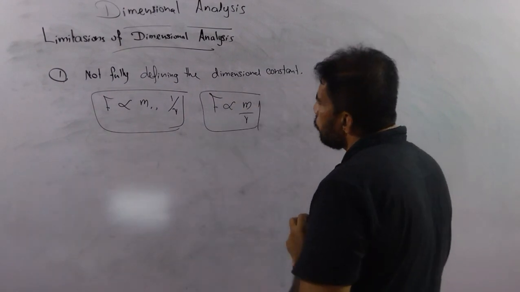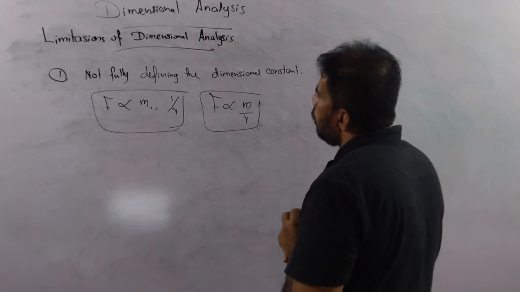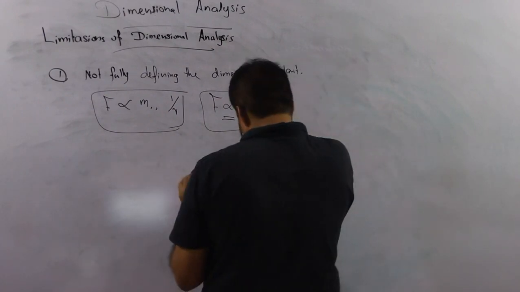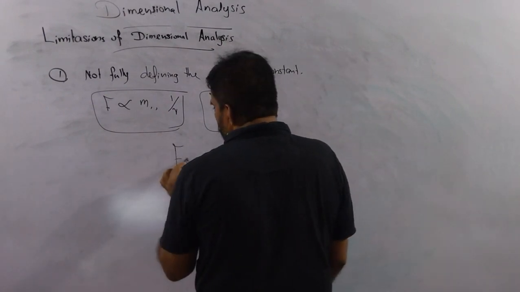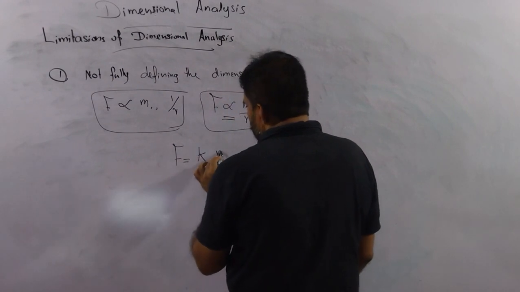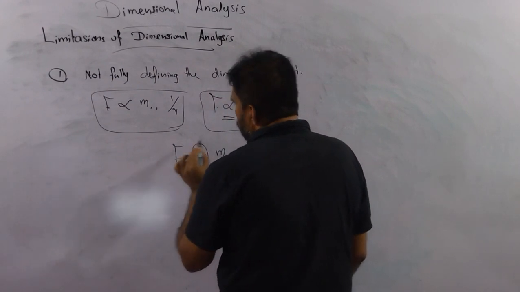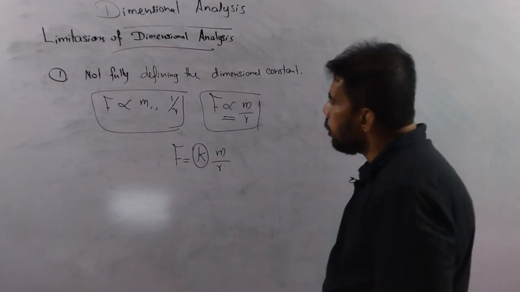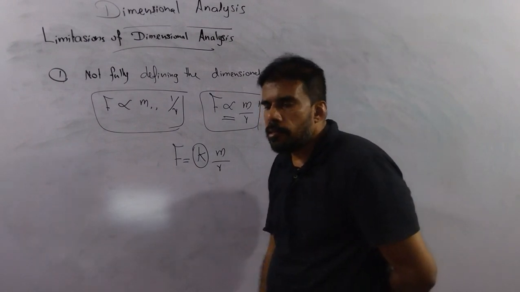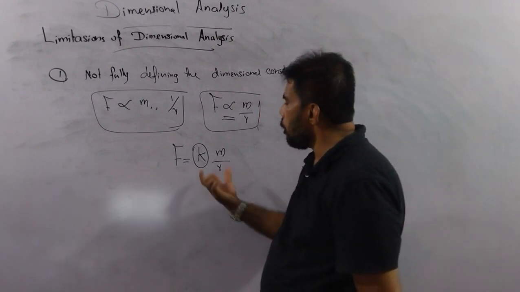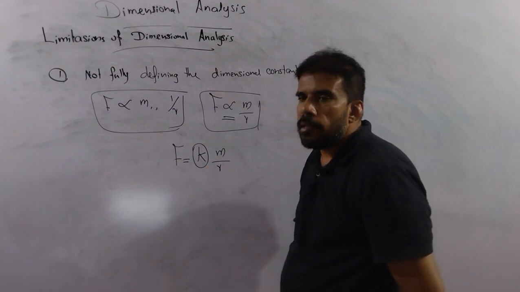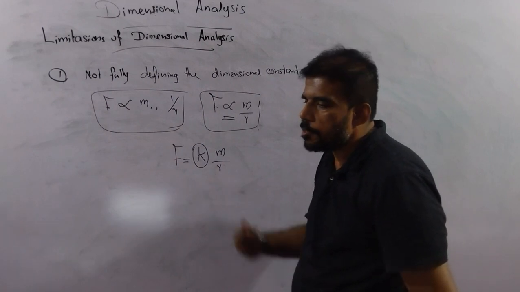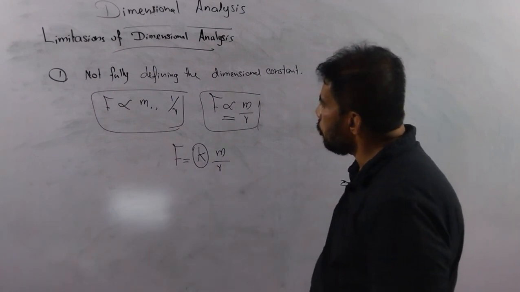Next, to remove this proportionality, I'll introduce a constant known as the proportional constant. This is known as a dimensional constant, and with dimensional analysis we are not always able to get the exact or correct idea about this dimensional constant, its dimensions, and its magnitude.